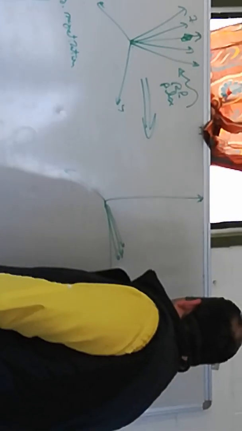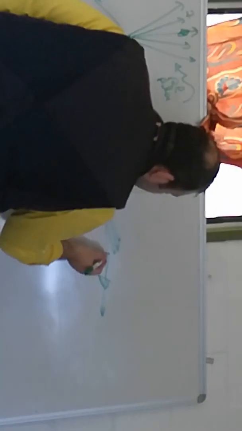This is the direction of transversal magnetization, okay? And longitudinal magnetization is reduced, and another transversal magnetization appeared, okay?